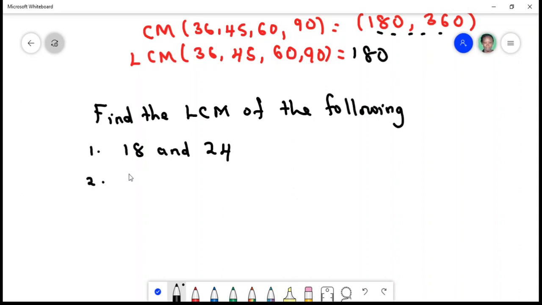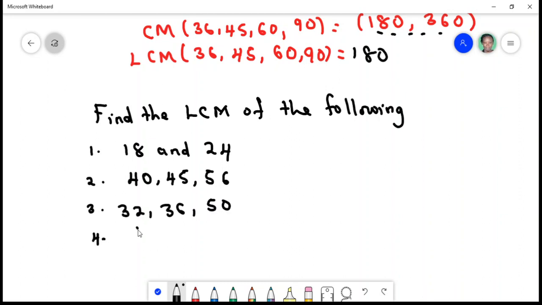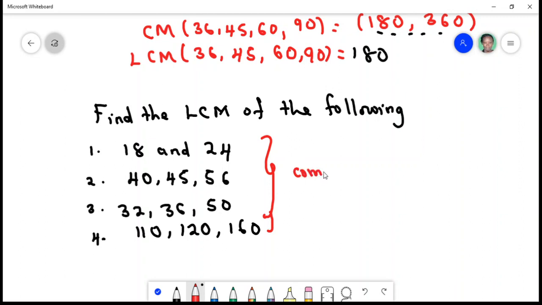Then 2, you have 40, 45, and 56. Then 3, 32, 36, 50. Then the fourth one, 110, 120, then 160. So I want you to find the LCM for me and write your results in the comment section.